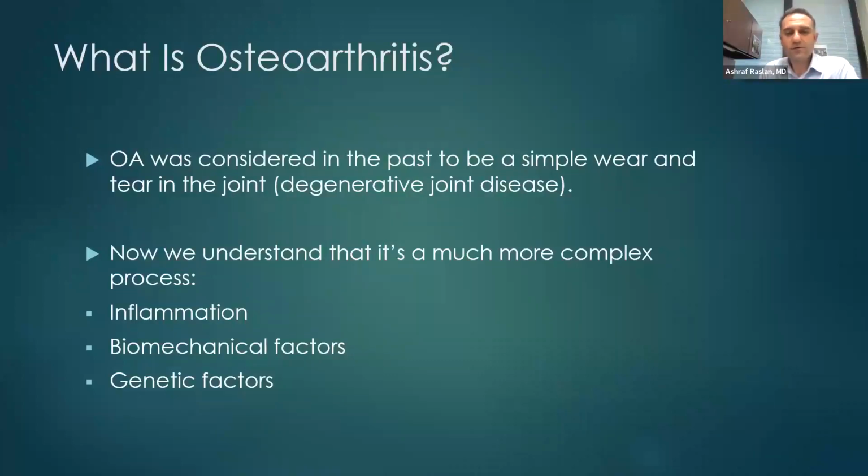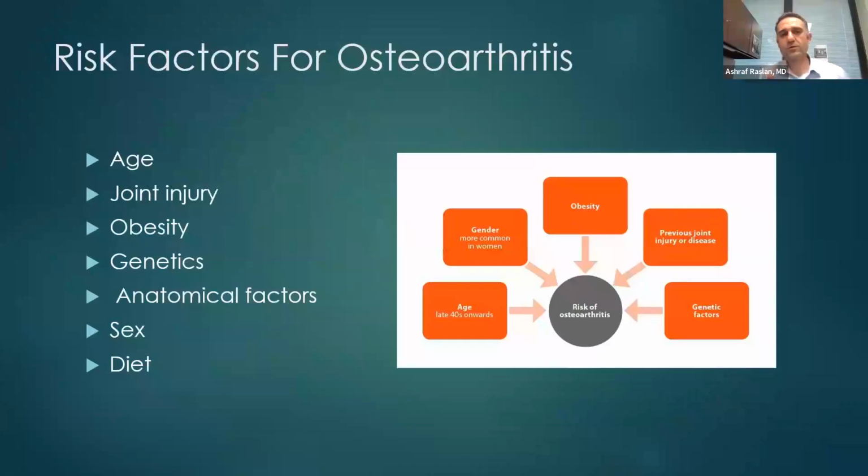There are other factors like muscle weakness or problems with the tendons. All of these can contribute to the development of osteoarthritis. And we know also that genes play a role, and some people are genetically more predisposed to having osteoarthritis than others. So talking about that, we'll talk about the risk factors of osteoarthritis, right?